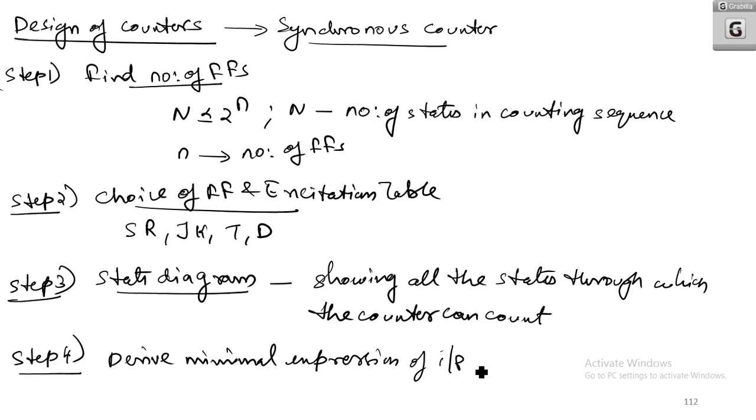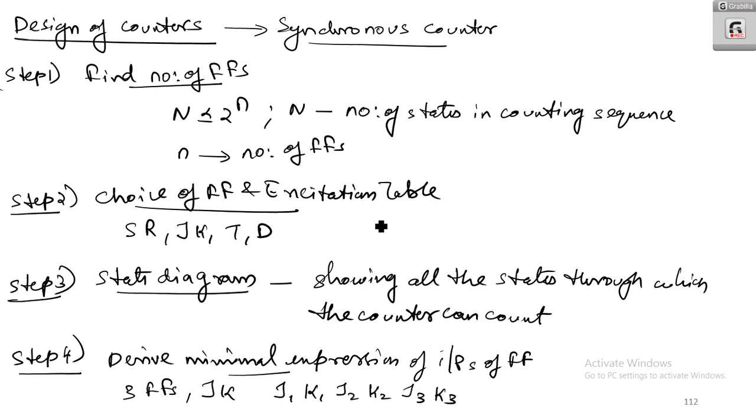For example, if the necessity is 3 flip-flops, and I am using JK flip-flops, I will have J1 K1, J2 K2, J3 K3, and I need to derive the expressions for J1 K1, J2 K2, J3 K3. So I need to derive 6 expressions.